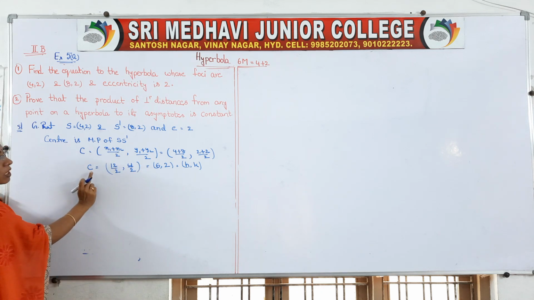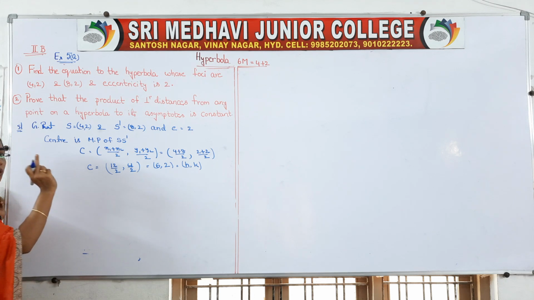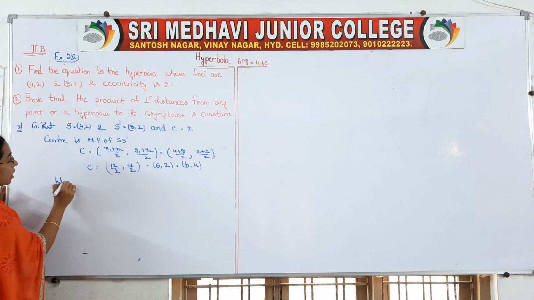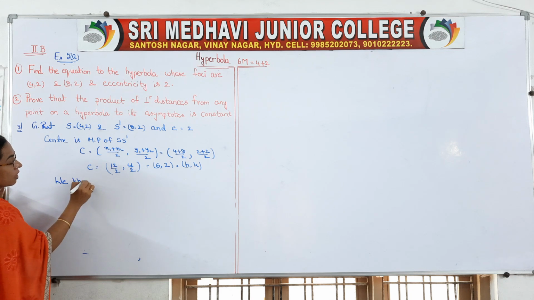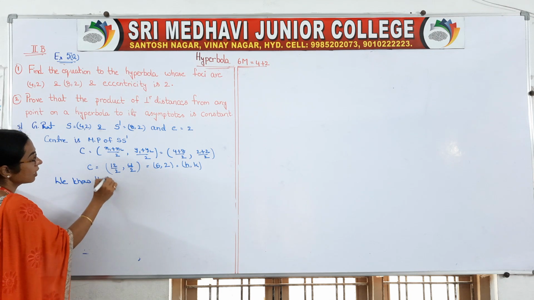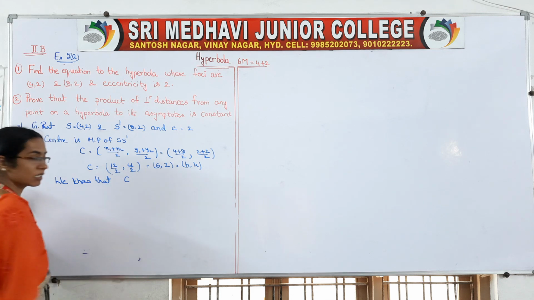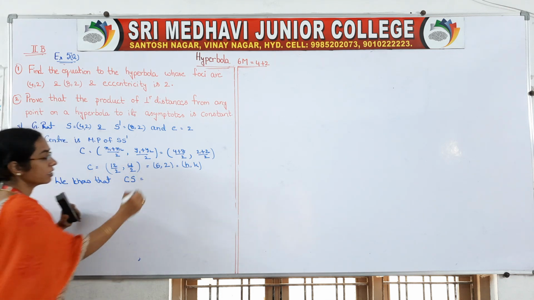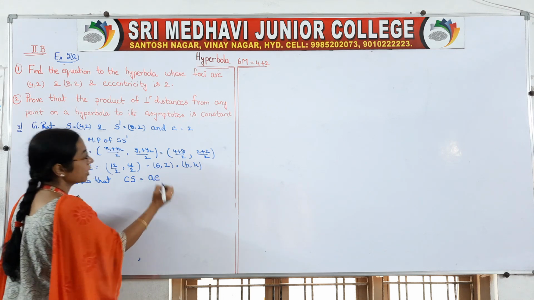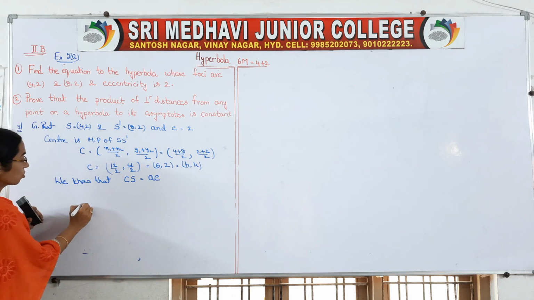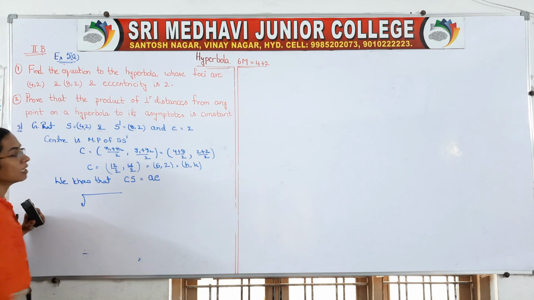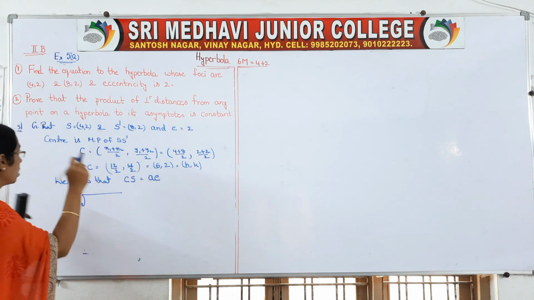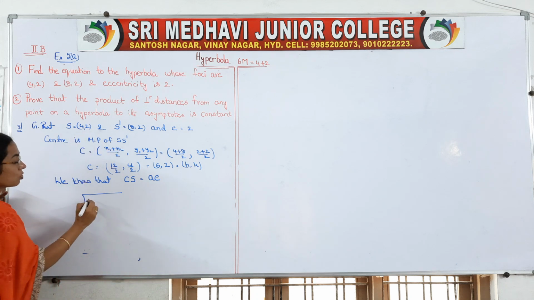Also, the distance from the center to any focus is always equal to ae, as we know from the diagram. The center is (6, 2) and the focus is (4, 2).